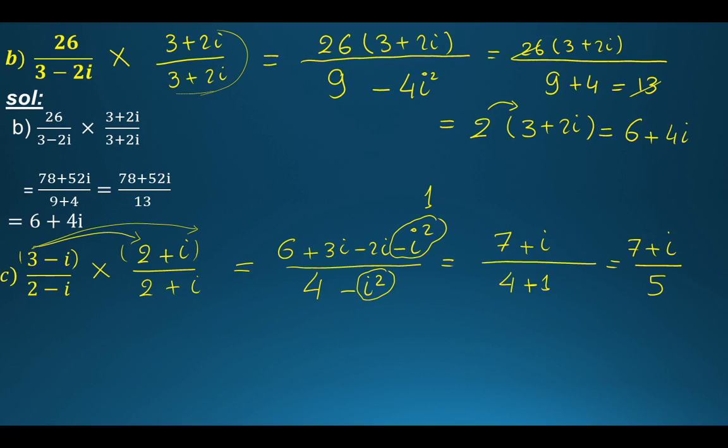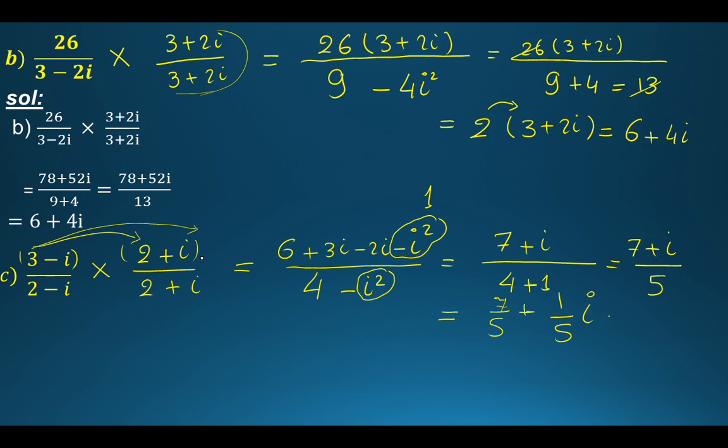Here you have to put it in the standard form of the complex number. So we will divide: 7 over 5, and the coefficient of i is 1, so it will be 1 over 5 i. This is the simplest form of this example.